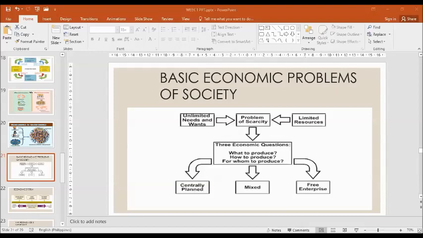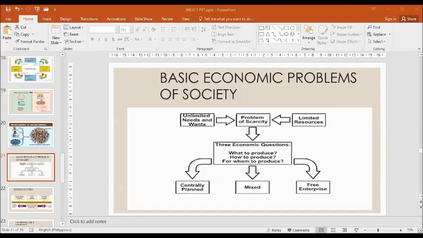First is what to produce. So the question is what to produce. What does a society do when the resources are limited? So what goods or services do we need to produce? It also determines the quantity or the number of items or resources required. So for example, should we produce more guns?